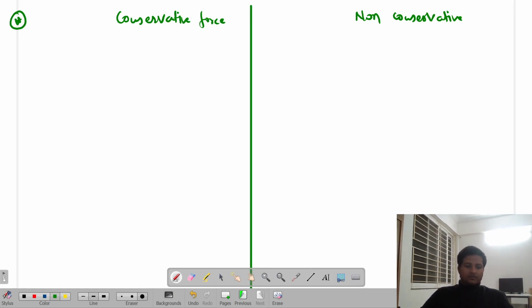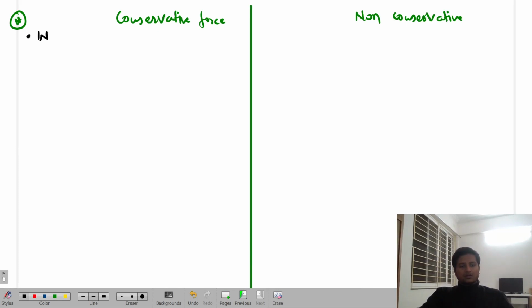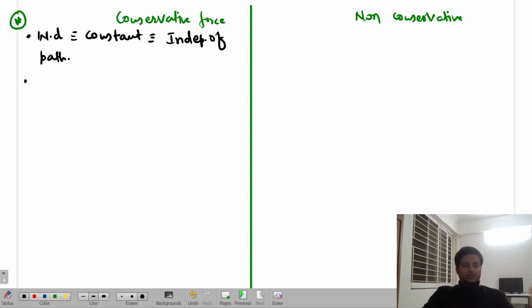Basically, for conservative force, the first point is work done is constant. The second point is independent of path, isn't it? The next point is that it depends upon only the initial and final point.